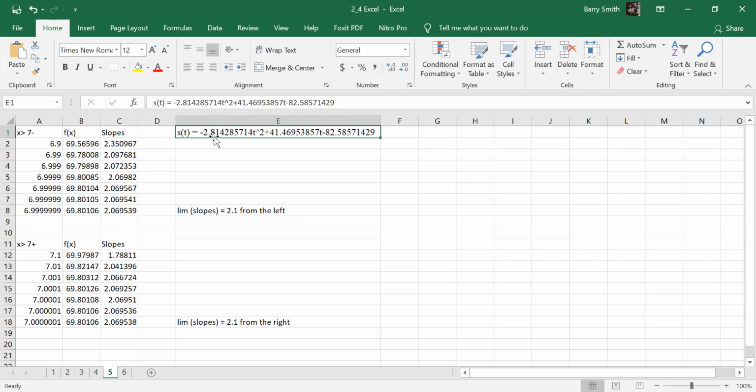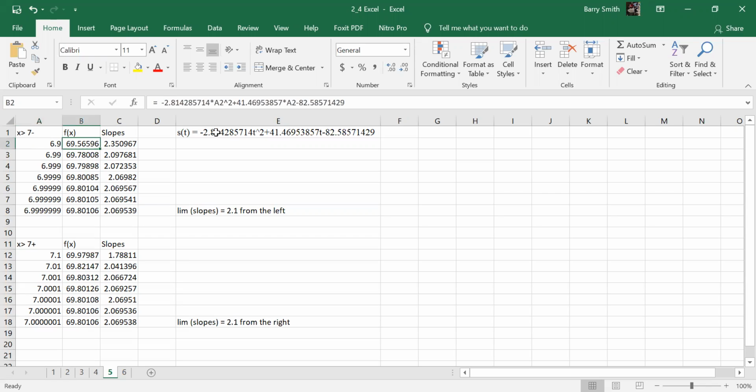Now part C says estimate the derivative of the model from part B in 2007 to the nearest $100. So what we're going to do here is put in our numbers. 7 is going to be our limiting factor, so we're going to go 7 from the left, 7 from the right. So 6.9, 6.99, 6.999, all the way down, then 7.1, and so on.